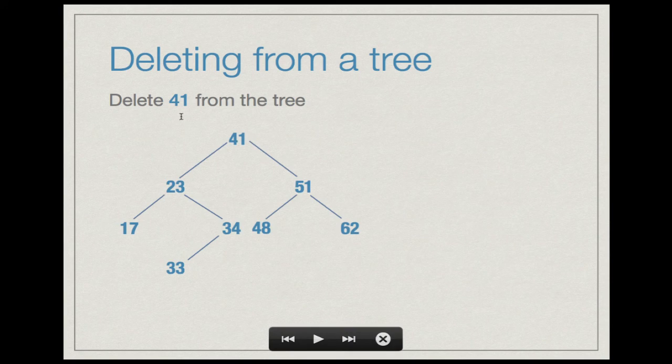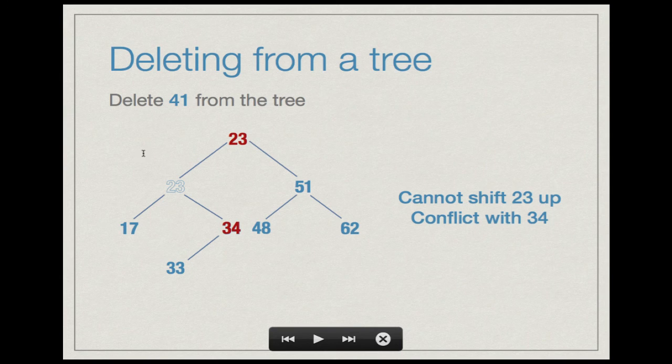Suppose we want to delete 41 from this tree. This is the tree that we considered earlier after we have inserted 33 into that tree. We cannot shift 23 up because there is a conflict with the value 34. 34 earlier was in the right subtree of a node having the value 23, but now it is part of the left subtree of the root, and the root has value 23.